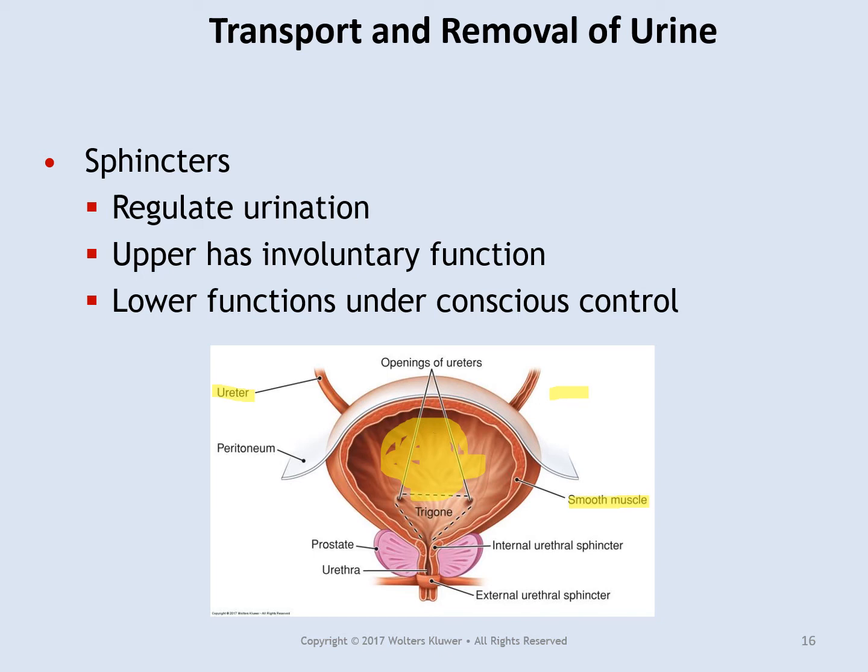The smooth muscle can contract and send the urine out through the urethra. And you have a couple of sphincters at the bottom of the bladder, internal and external sphincters, which are muscles that will prevent leakage of urine before it is ready to be eliminated.